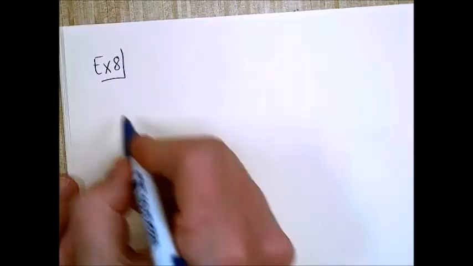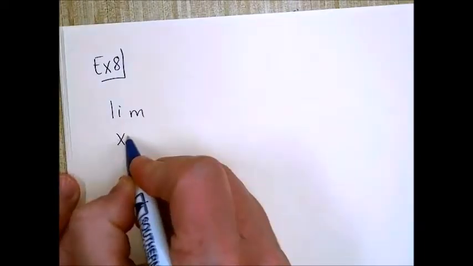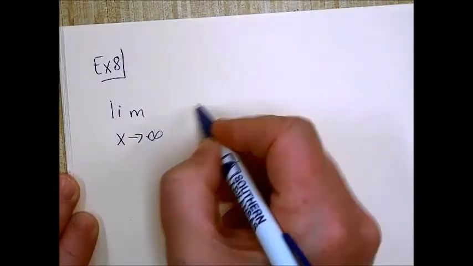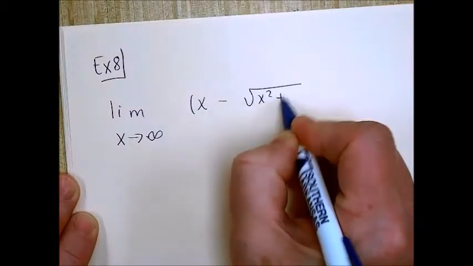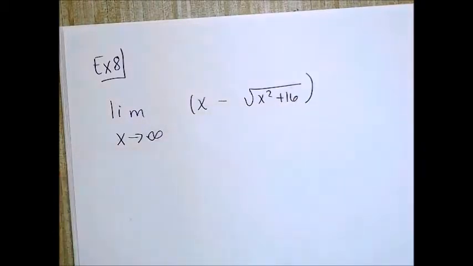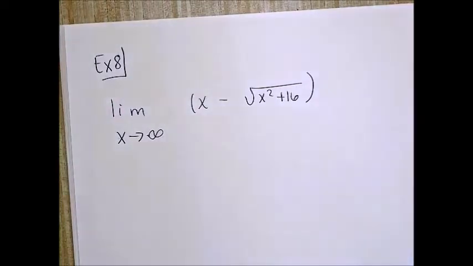Example 8 says the limit as x approaches infinity of x minus the square root of x squared plus 16. Because both of the terms approach infinity as x approaches infinity, what happens to the difference is unclear. We don't know what infinity minus infinity is.